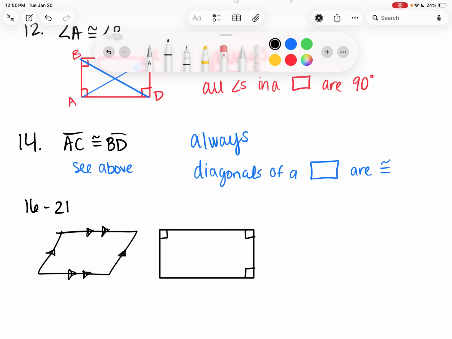Rectangle. This is a rhombus. And then square. And you should be able to tell by their markings what they are.